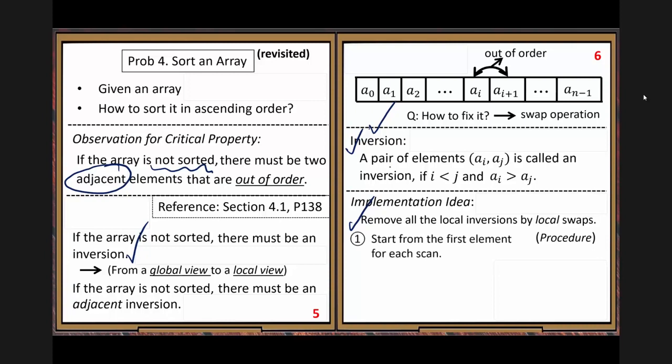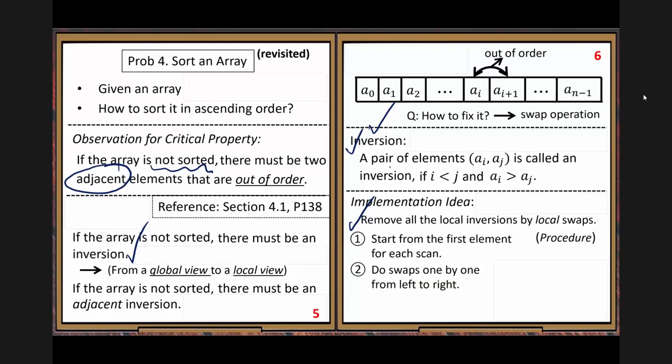Step 1: start from the first element for each scan. Every time you scan the whole array, start from the first element. Do swaps one by one from left to right.